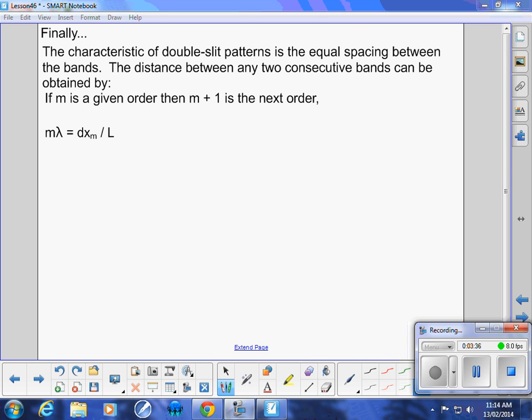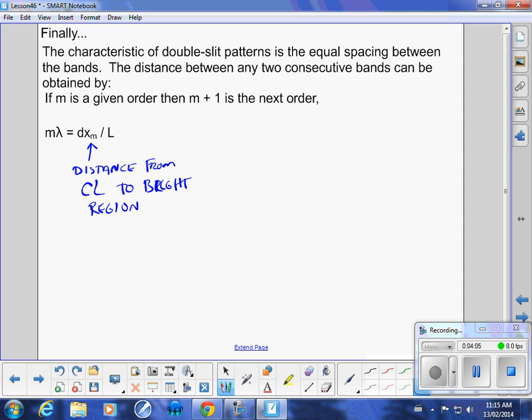So let's talk about this formula here. We know that m is just an integer value, lambda is our wavelength, and d is a constant, the distance between the slits. xm is your distance from our center line to the bright region.